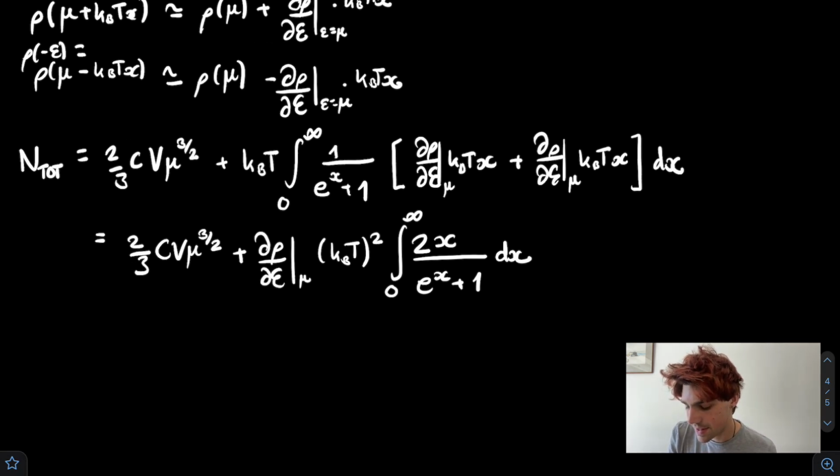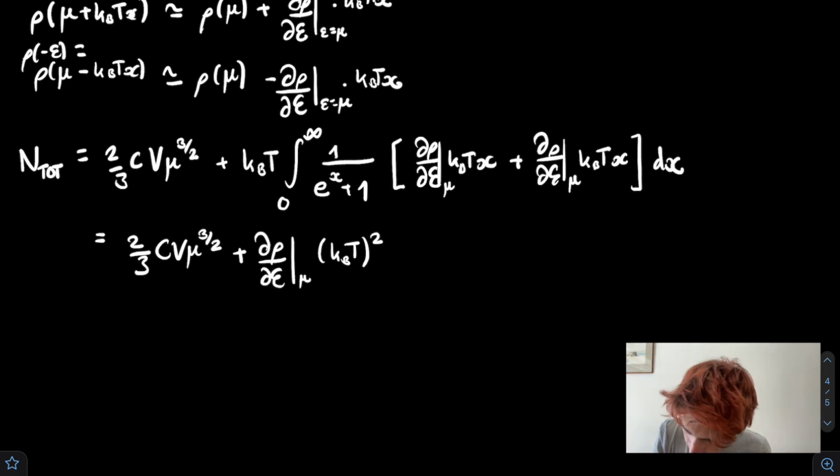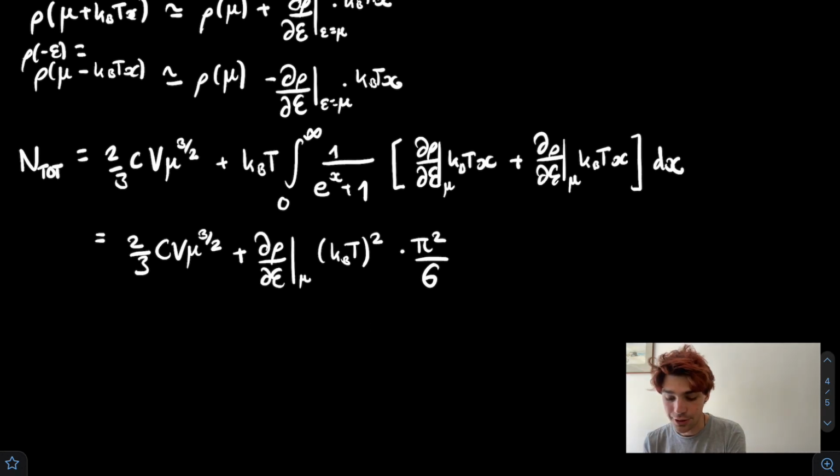It is just going to be a number which is going to converge at high x, because of course we have an e to the minus infinity term, so no problems there. And this number, as it turns out, this integral between 0 and infinity of 2x over e to the x plus 1, is just pi squared over 6. That's a mathematical integral identity. It's literally just a number, pi squared over 6.